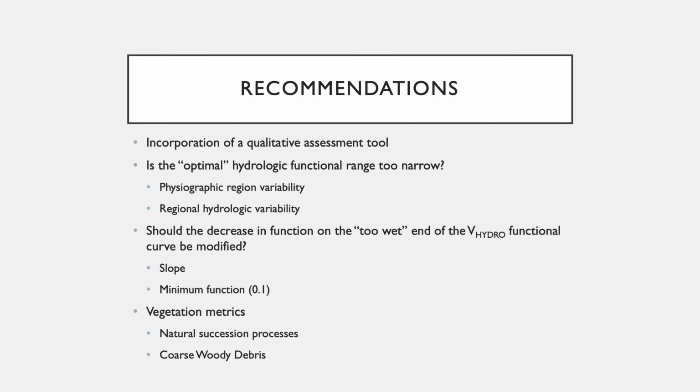And should that functional score go to a minimum of 0.1? There have been conversations that too wet may or may not be bad for a particular type of wetland, and the vegetation may actually act as an indicator of whether conditions are too wet or not. So that is ongoing.